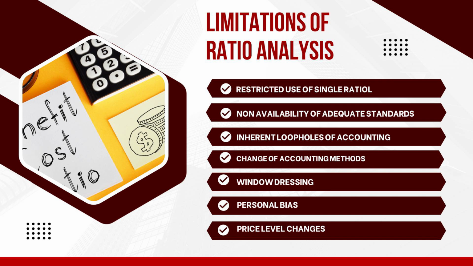And accordingly, when you are going to make use of that information, obviously the changes in accounting methods or techniques are going to disrupt the very essence of the use of financial ratios for the purpose of financial decision making.